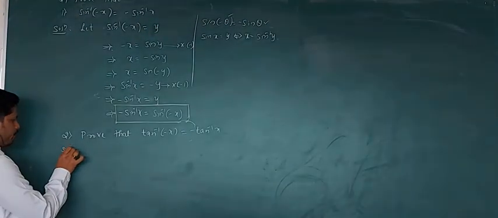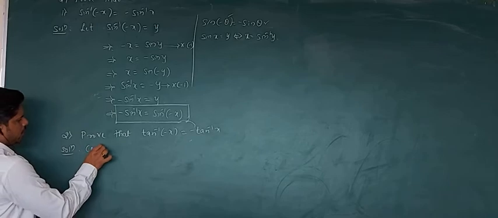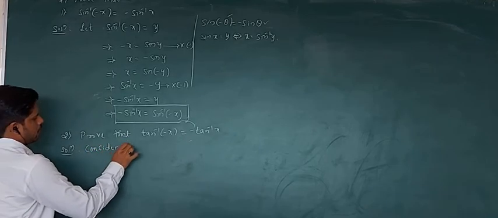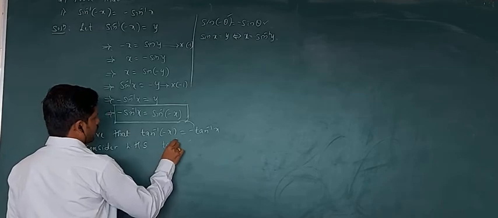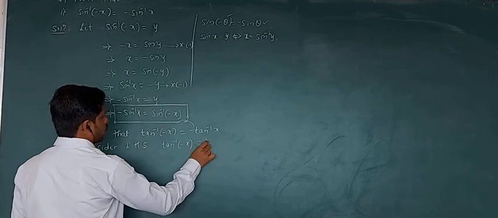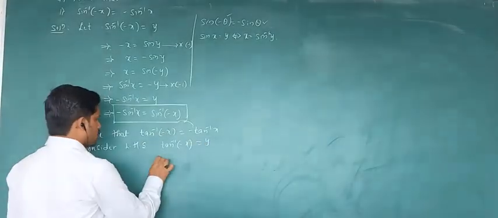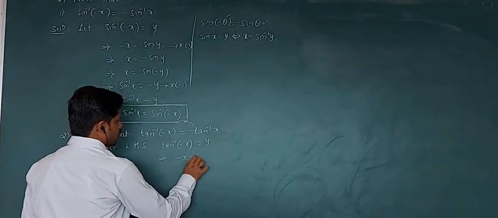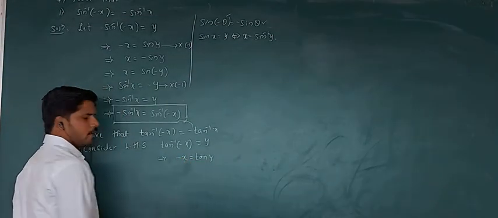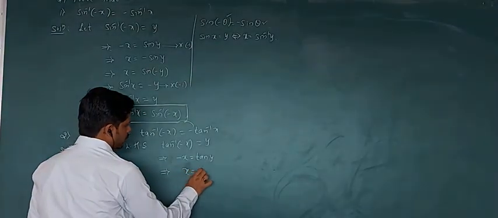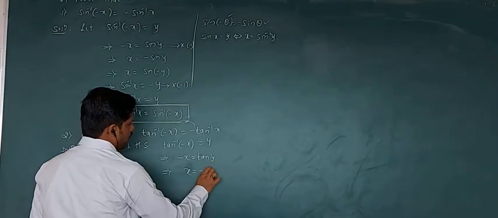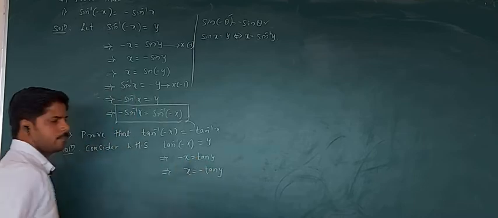Solution. Consider LHS. Tan inverse of minus x equal to y. So this can also be written as minus x equal to tan y. Multiplying both sides by minus 1, we get x equal to minus tan y.